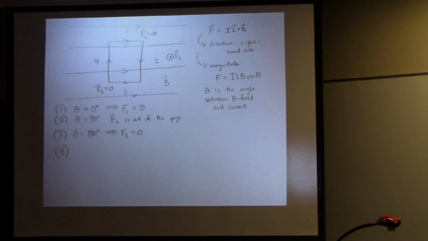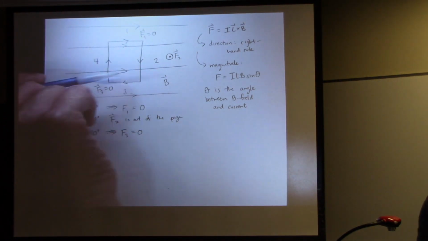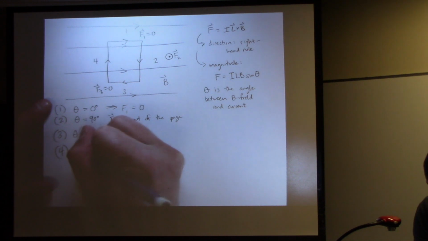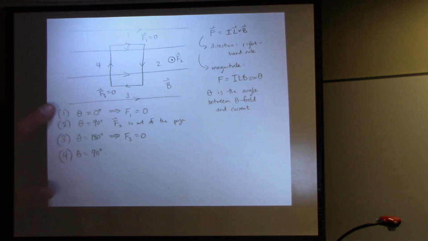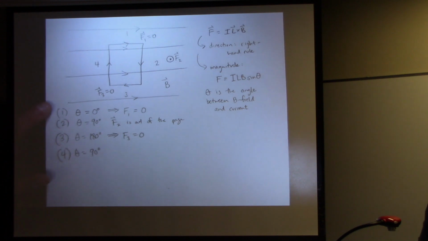Again, let's think about the angle. In this case, the current is going straight up, and the B field is going straight to the right. So the angle between them is 90, once again, so we can't say the force is 0. But what we can do is figure out the direction of the force using the right-hand rule. So this works just like before.